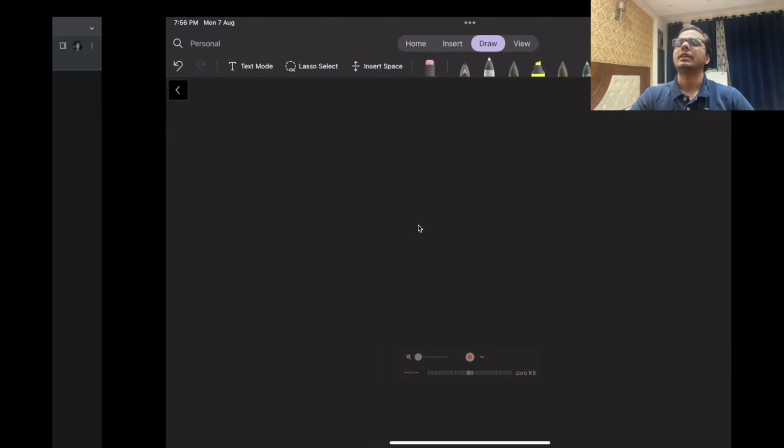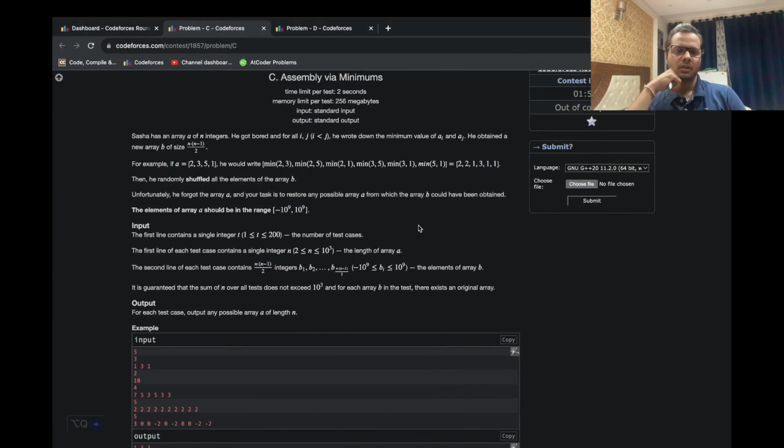So we have an array and we took the minimum of all the pairs, right? So let's say that the array was sorted originally, because without loss of generality we can always assume that. So if we look at the minimum element, it should occur exactly n minus 1 times, okay? And the second minimum element should occur exactly n minus 2 times.